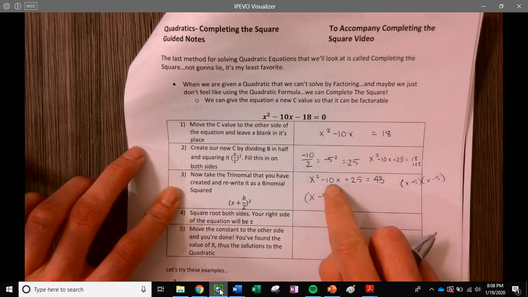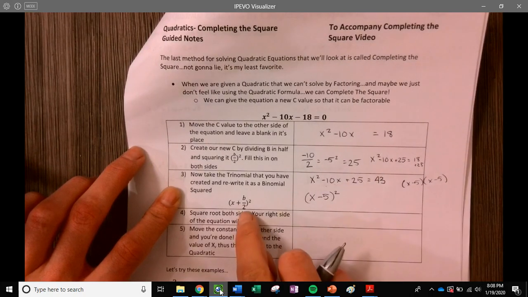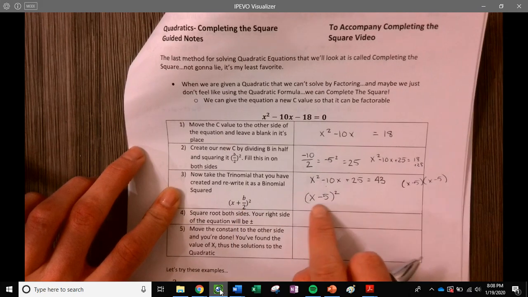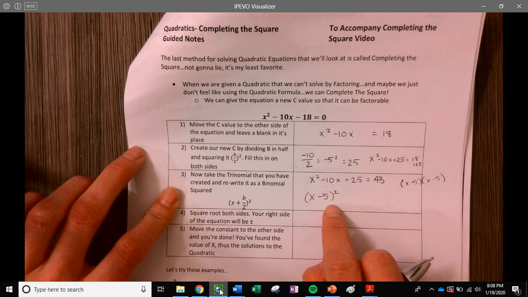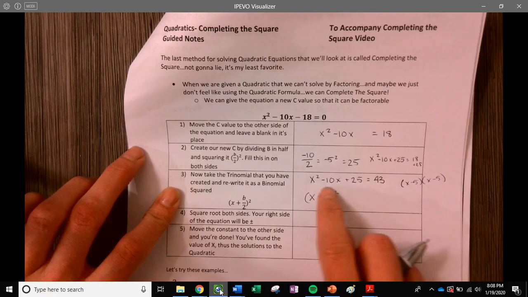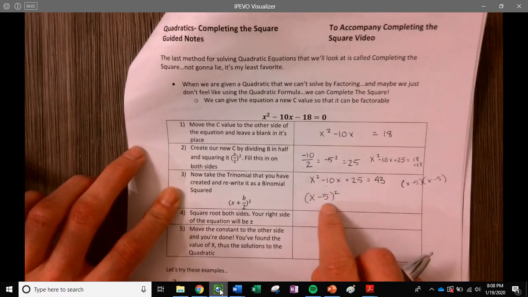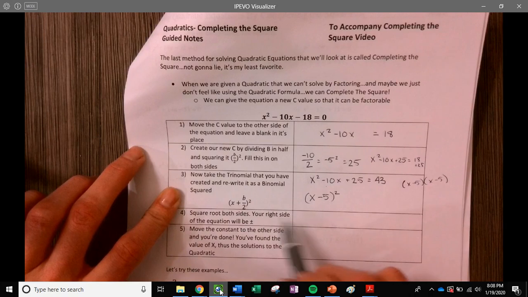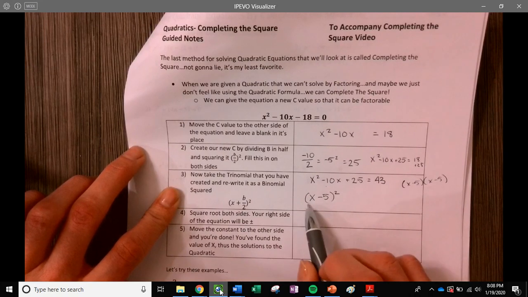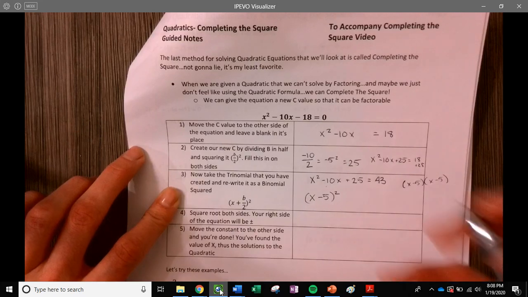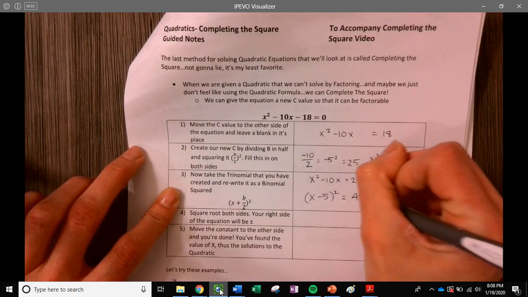So I took negative 10, divided it in half to get negative 5, and I write it as a binomial squared, x minus 5 squared, which is also just the square root of 25, but we have to watch for the sign. So don't base it off c, base it off of b so that you can make sure you have the correct sign. b divided by 2 is going to be negative 5 squared equals 43.